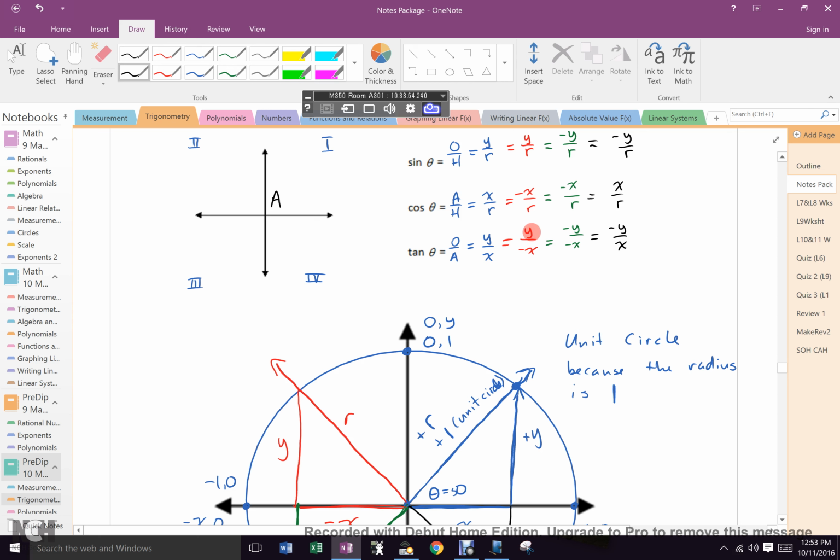Which of these is positive? Sine, cos, or tan? Sine. So sine is positive there. What's positive here? Tan. 2 negatives. And what's positive here? Cos.